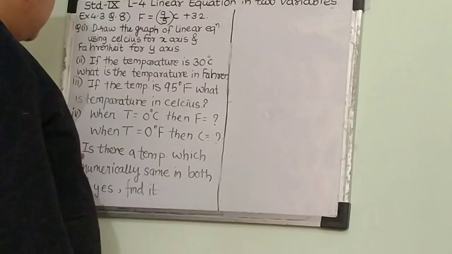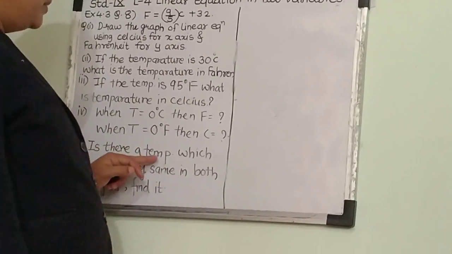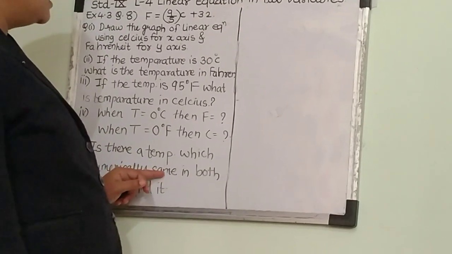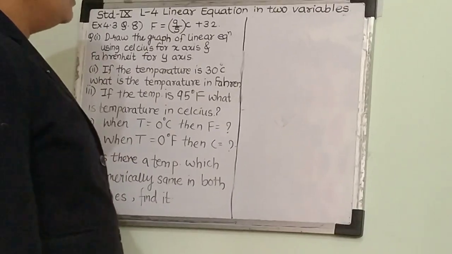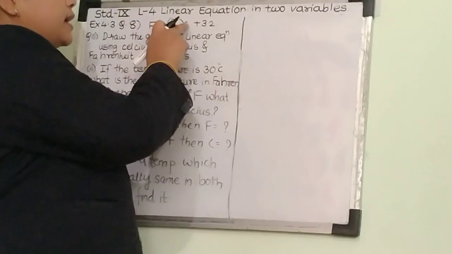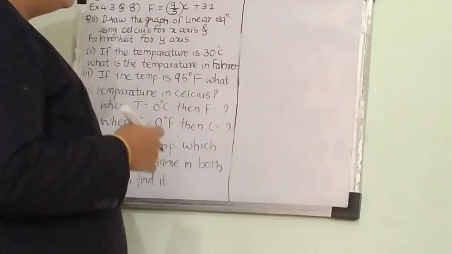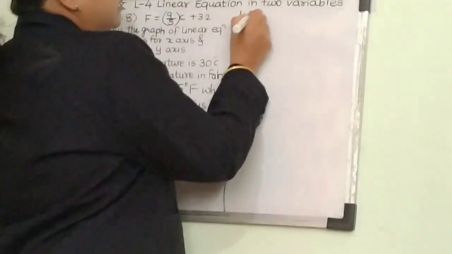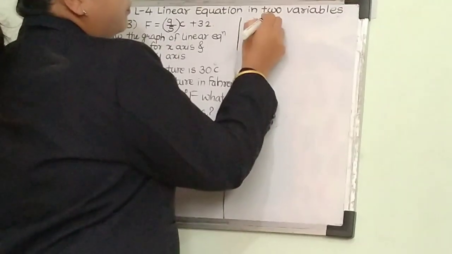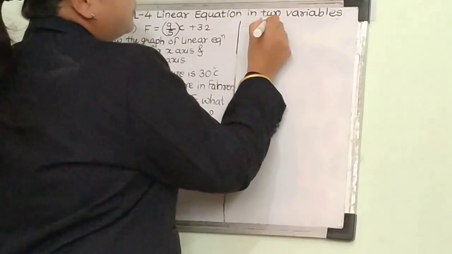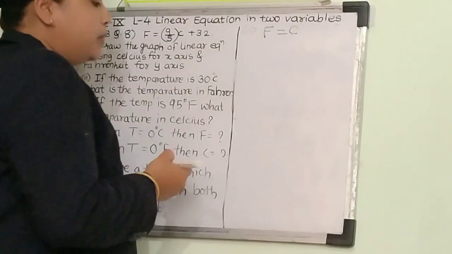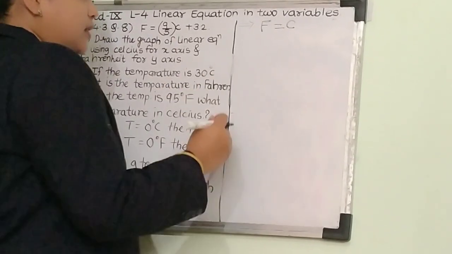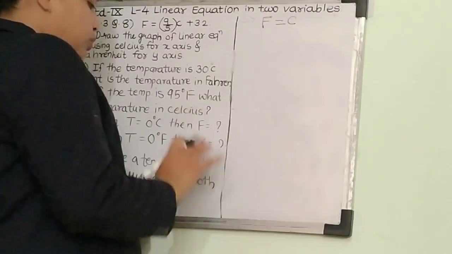Now see the fifth question. Is there a temperature which is numerically the same in both? If yes, find it. We can find the numerical value for the temperature in Fahrenheit and Celsius that is the same. So first we are going to consider here the values of F and C. F and C are equal, because we are going to consider that F and C are equal.